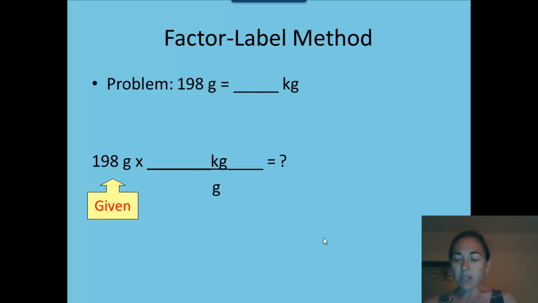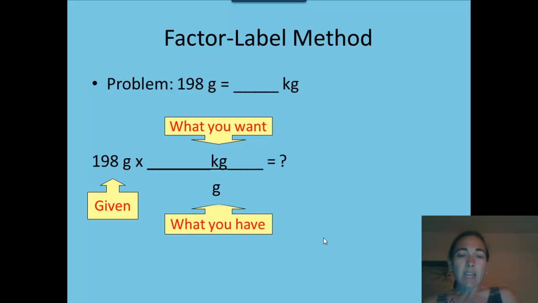I'm going to put the unit that I start with on the bottom, and what I'm trying to find goes on top. This is a pattern. You're going to see it happen over and over in factor label problems. Write down the given first, and the unit that you are given will always go on the bottom, what you have, and what you're looking for is going to go on top, what you want.